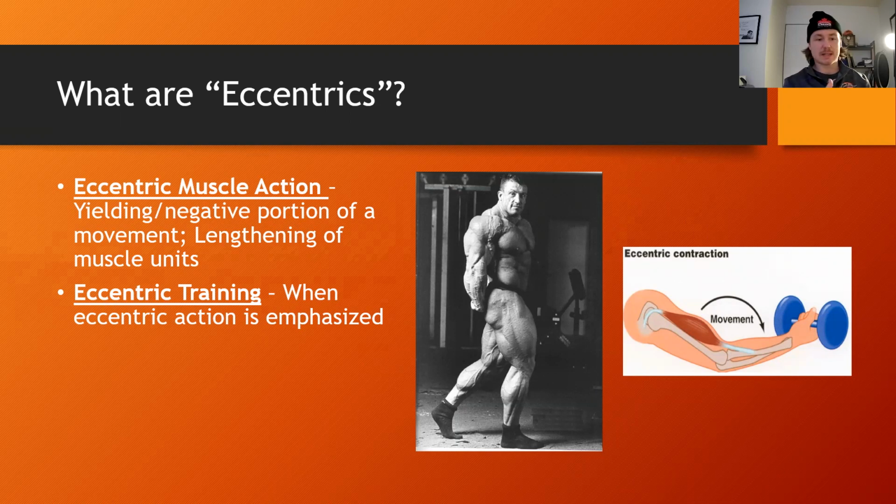I believe he was saying that people were missing out on half of the benefits of lifting weights because they were neglecting the eccentrics. As you can see, the guy had a ridiculous amount of muscle, so the eccentric does play a critical component for that.